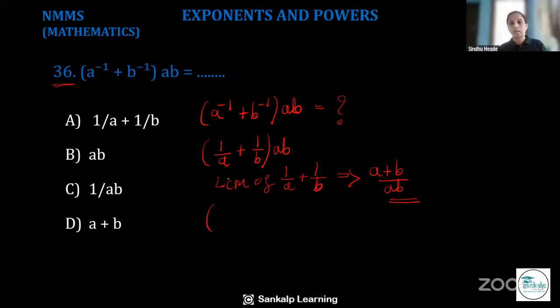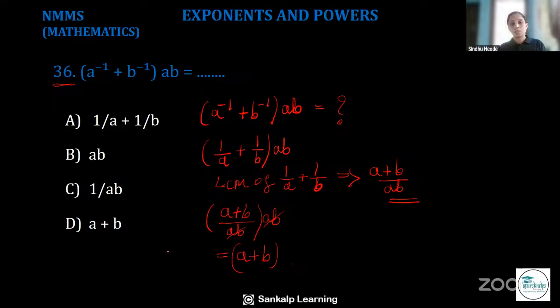We get 1 by A plus 1 by B LCM, A plus B by A into B, and write this A into B outside as it is. Now A into B in the numerator and another A into B in the denominator, so cancel those two things. What is remaining is A plus B.